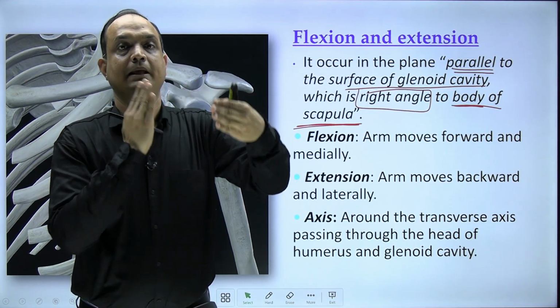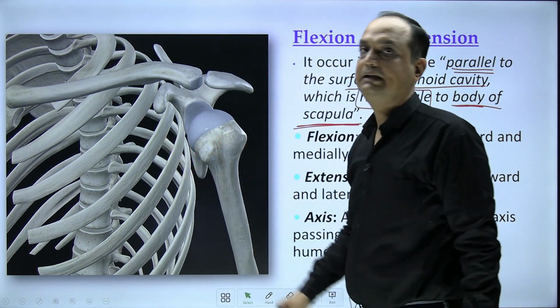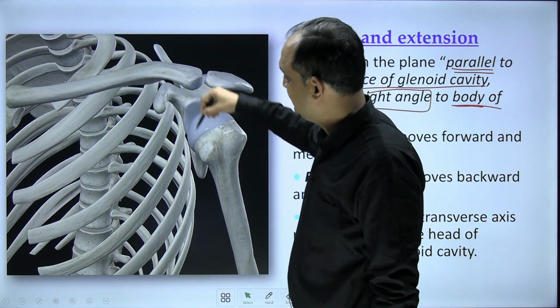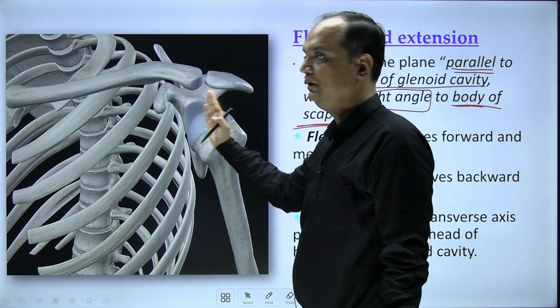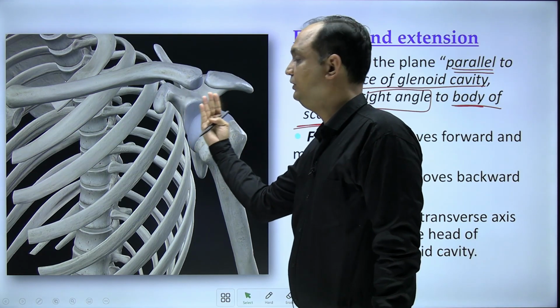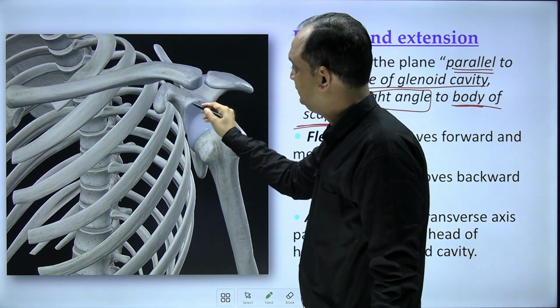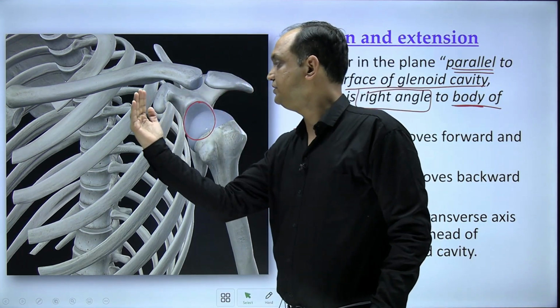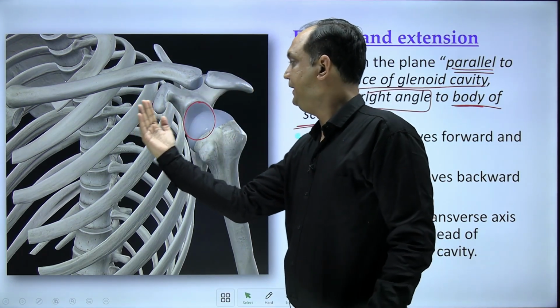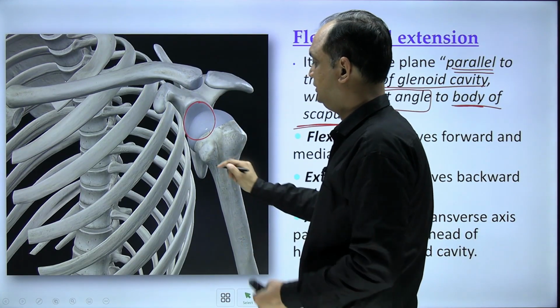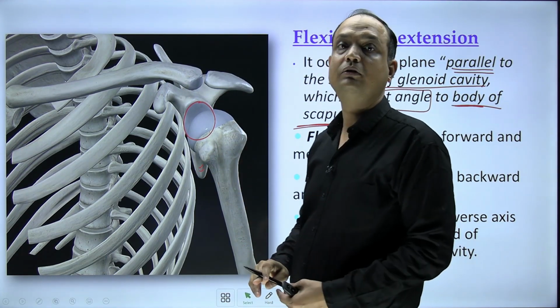of the scapula. So here in this diagram you can appreciate more clearly that this is your plane of the scapula and this is your plane, or you can say the glenoid cavity placement. So this is your glenoid cavity, and your flexion extension will take place in the plane of the glenoid cavity, and it is at right angle to this plate, or you can say the body of the scapula.